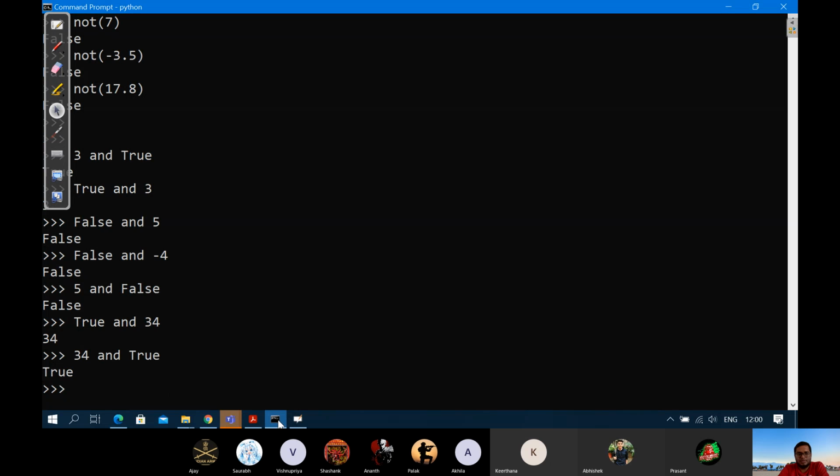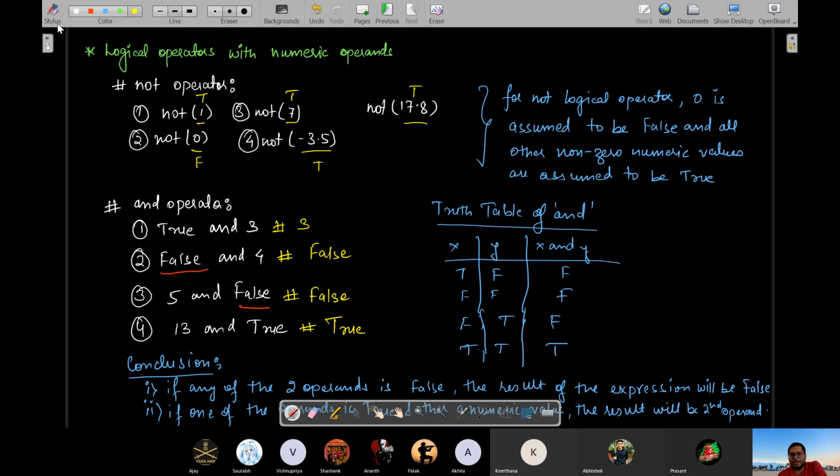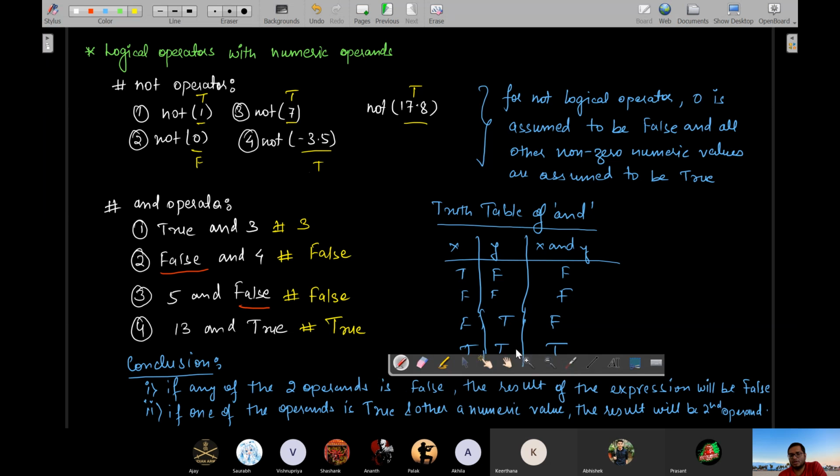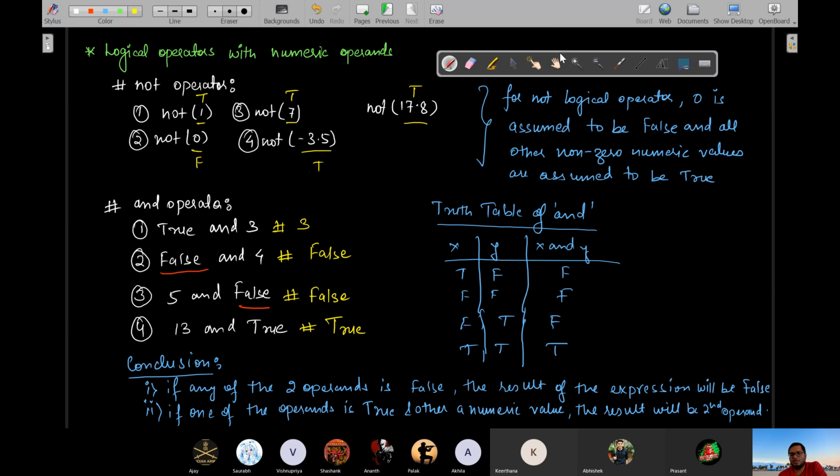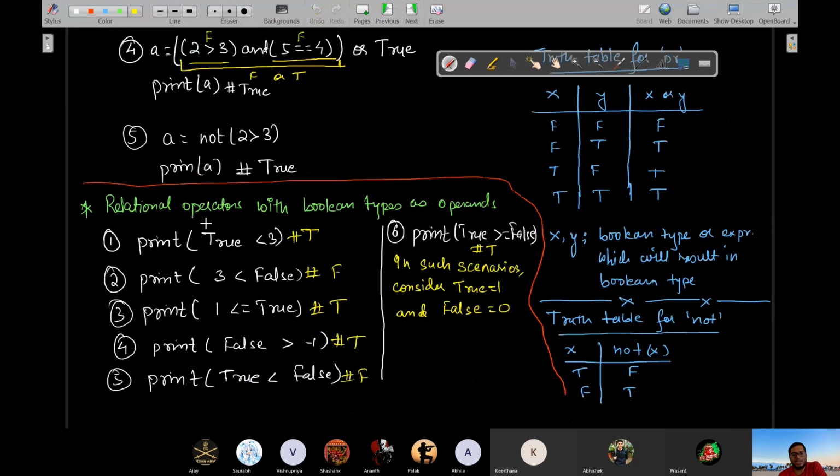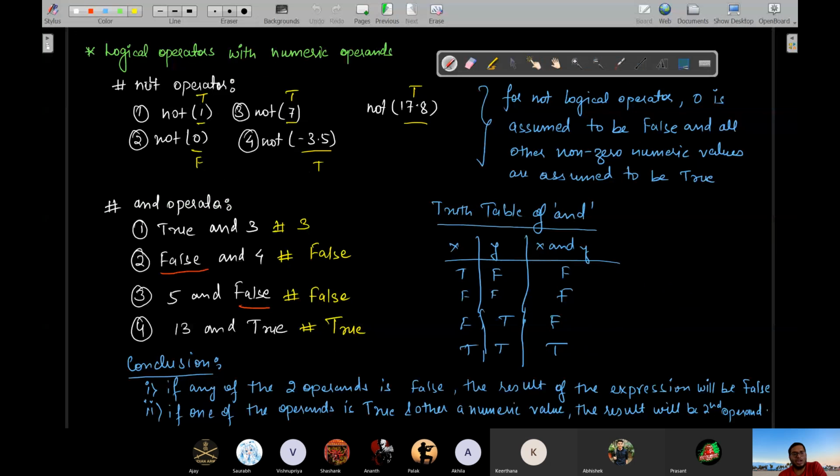Okay, tell me, in the case of AND, did you understand how this works? Both of these we are dealing with, we remember, for the mixed cases, relational operators with Boolean types as operands, we have seen here, and here logical operators with numeric operands.